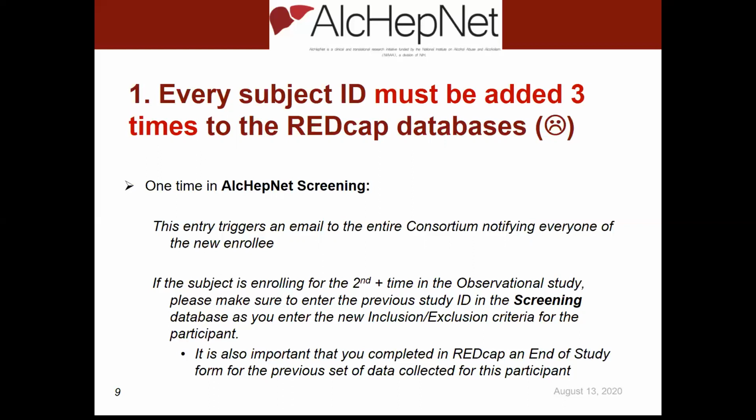So it's also important that you complete in REDCap the first round of data collection. So if participant X came once, make sure you have an end of study form before you re-enroll the person and start all over again.